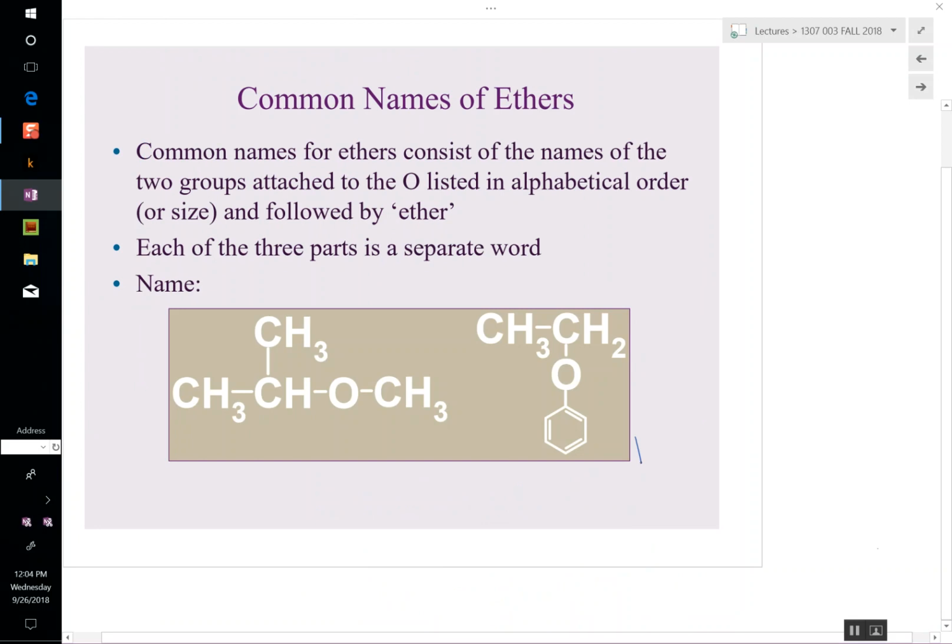So this would be phenyl ethyl ether. And this one would be isopropyl methyl ether. Okay, you have to come back and look at these.